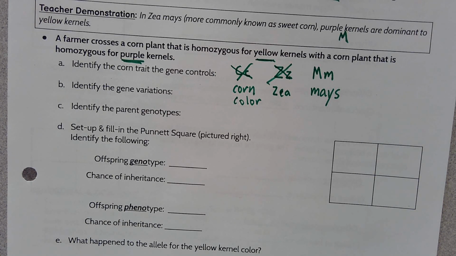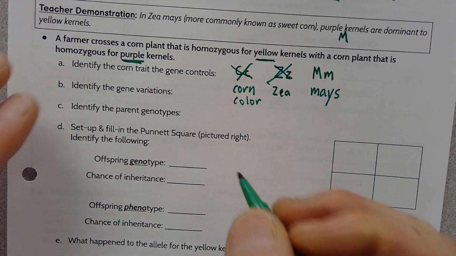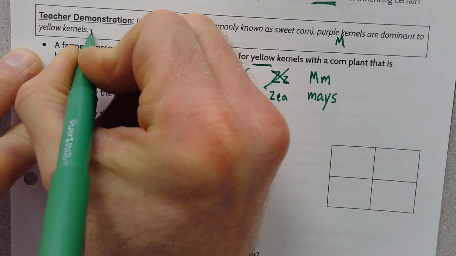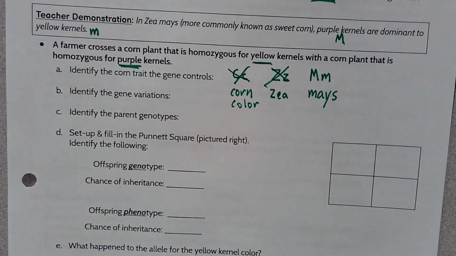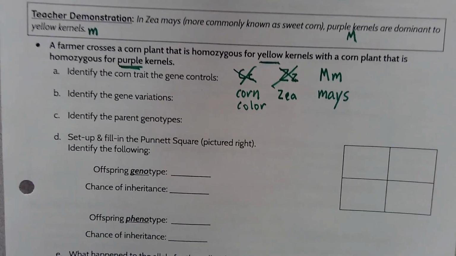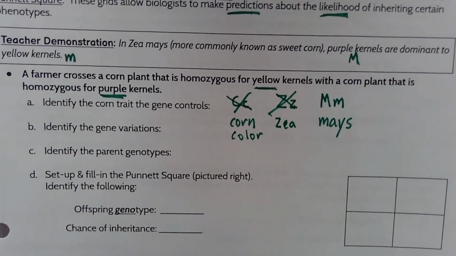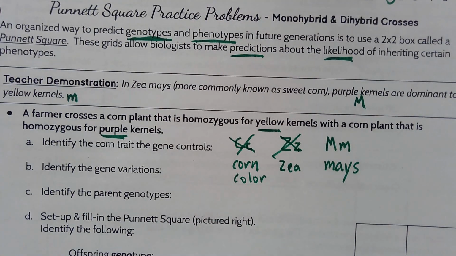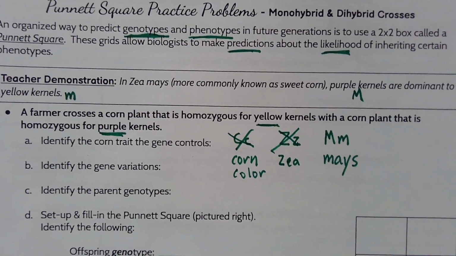Show it, point with your finger. All right, yep. So I see lots of lowercases. So we're going to use the lowercase m to show yellow kernels. Again, we just chose the M because it's the maize. We didn't choose P or Y. We could have. But we try not to choose one that's going to be a word of the trait.